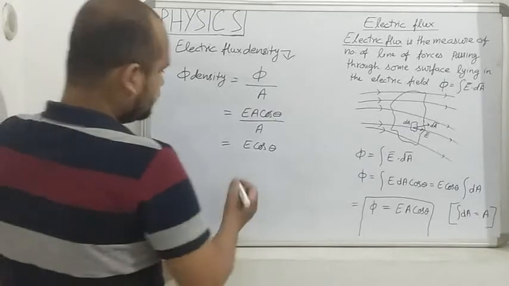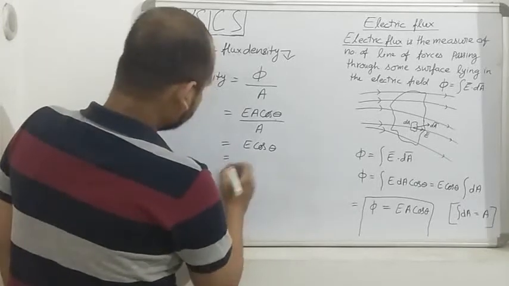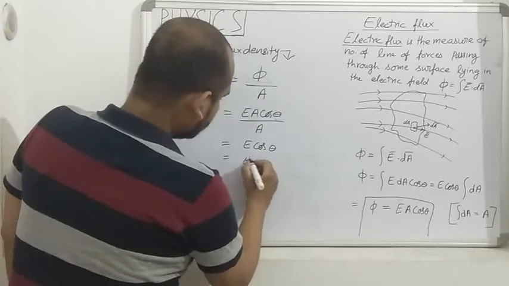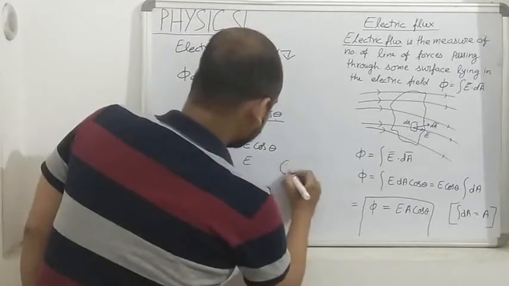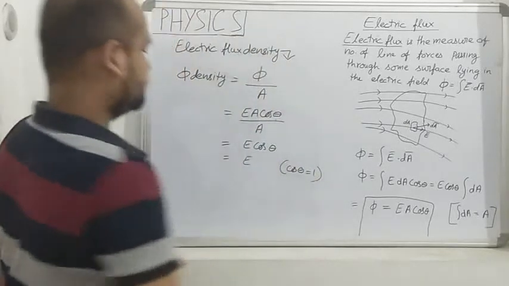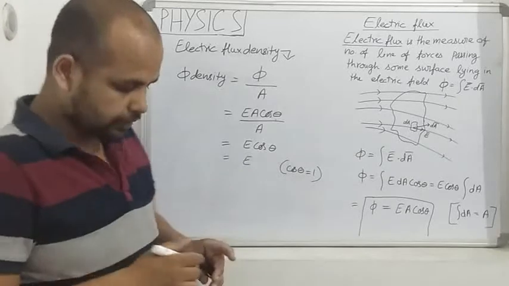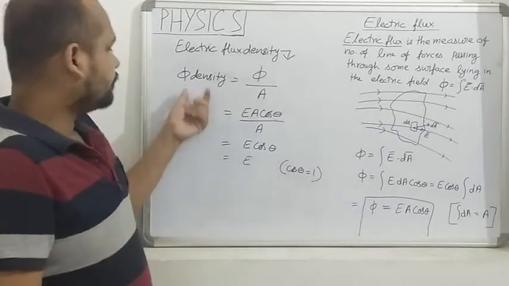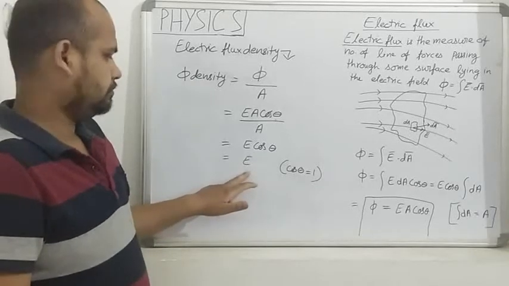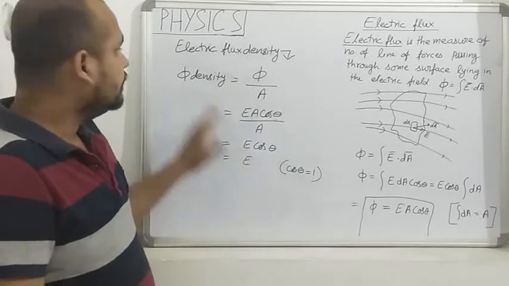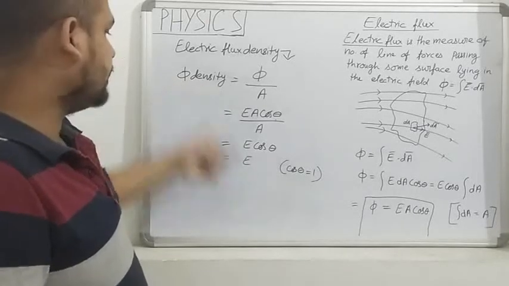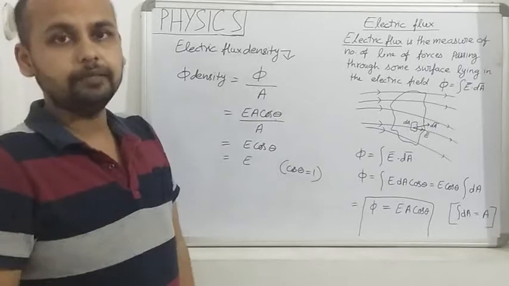So finally we can say electric flux density will be equal to E when cos theta is equal to 1. Is that clear? So from here you can see that electric flux density is coming out to be E, means the electric field only. So the unit of electric flux density will be same as the unit of electric field. Remember this.